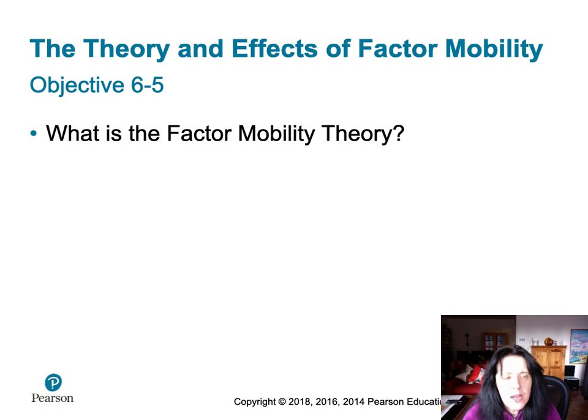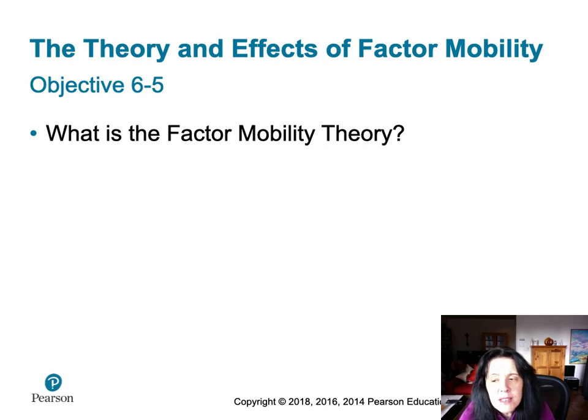Now if we look at objective 6.5, we will be transitioning to the factor mobility theory, right? Summarizing the reasons for and effects of international factor movements. Over time, factor conditions change in both quality and quantity.